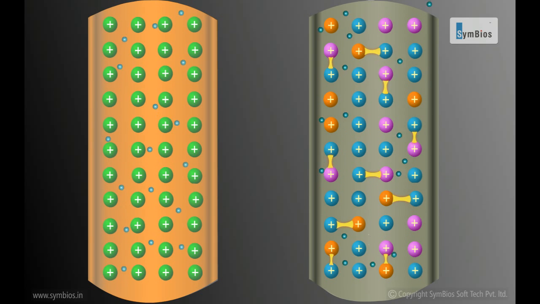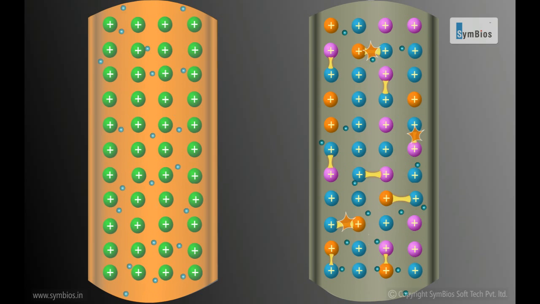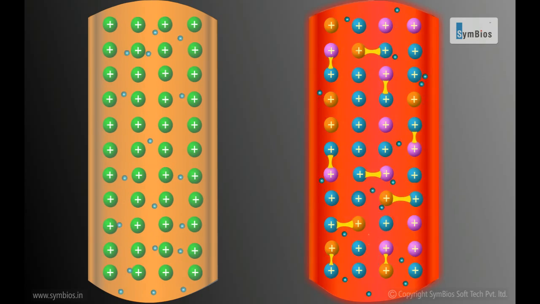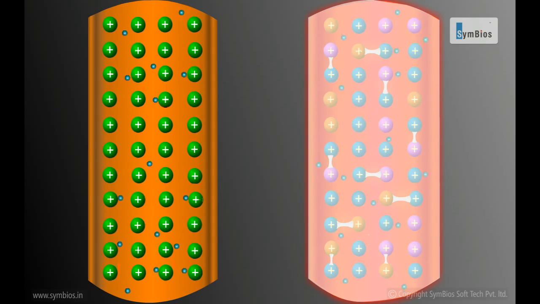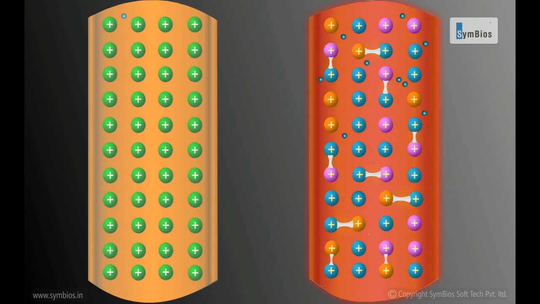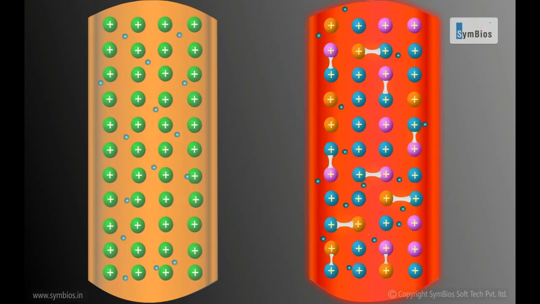During these collisions, the energy of the electrons is transferred to the positive ions, and the ions begin to vibrate more vigorously. This energy is released in the form of heat. The lesser number of collisions in copper release very little heat energy, and it can hardly make the copper wire hot. Whereas a large number of collisions in nichrome release a much higher amount of energy, making it red hot.